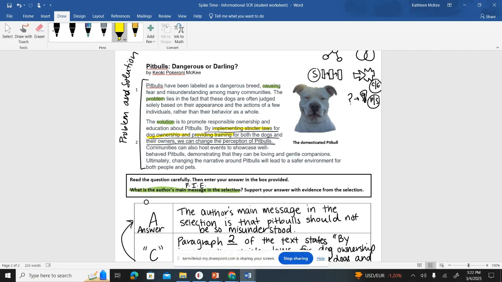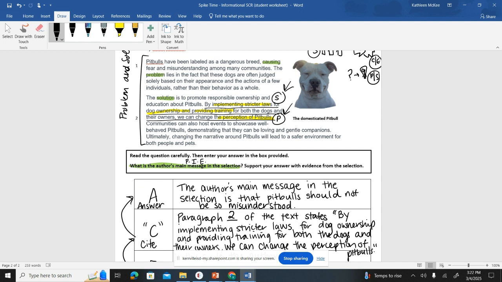Those are solutions to the problem, which is the perception of pit bulls. So I can use that in my explain. So, "In this quote, the author offers solutions to the problem in order to inform or persuade the reader that pit bulls are not dangerous," right?